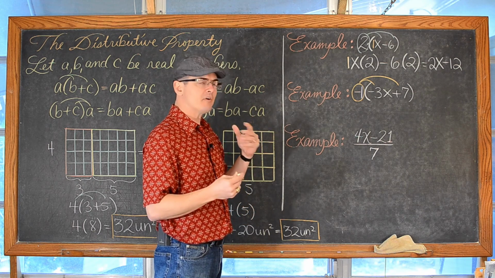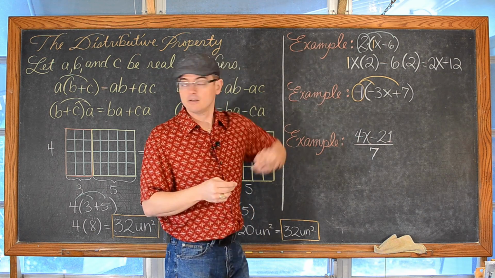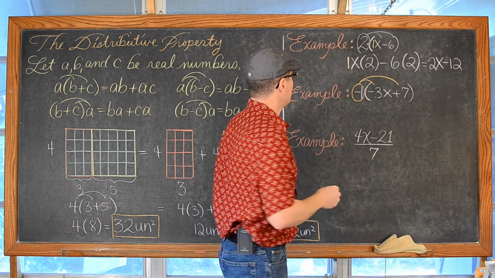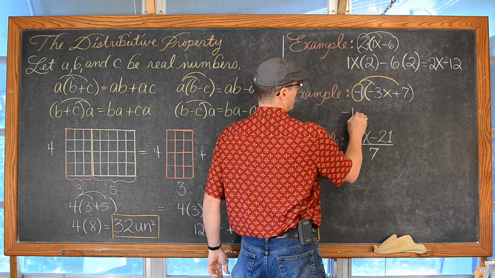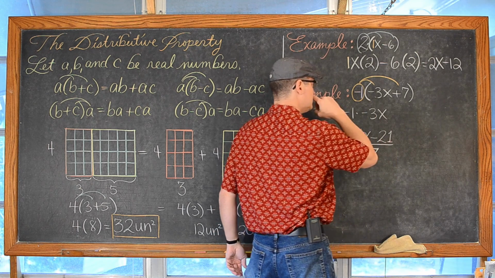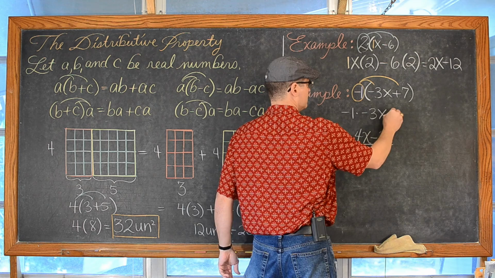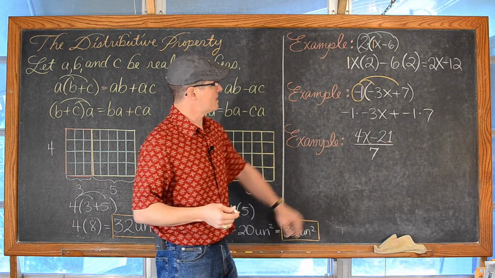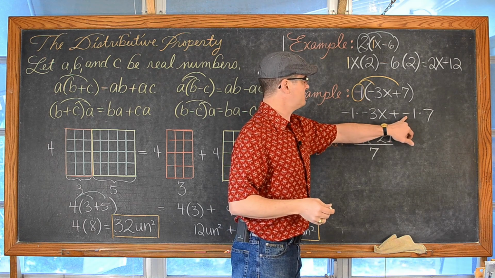Now, if I were to write the negative 1 in the front, obviously it's correct, but what I'll see students doing is I'll write negative 1 times negative 3x, and then, well, is there a plus there? That's technically correct, because I wrote a plus, but then I'm bringing in a negative.